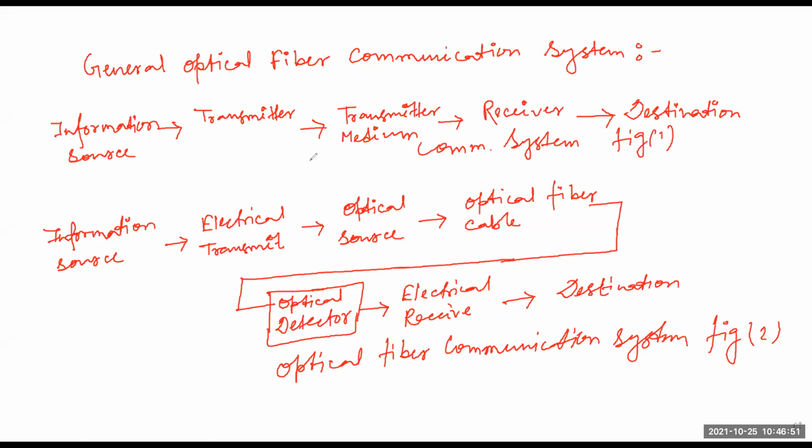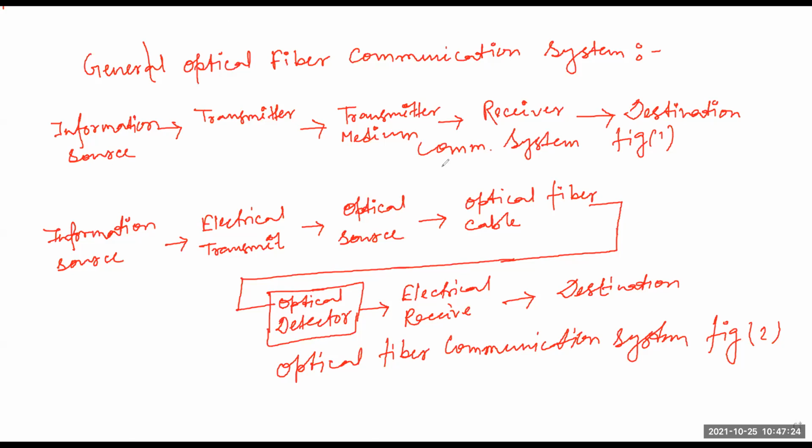The optical source provides the electrical to optical conversion, either in a semiconductor laser or an LED. Later we will discuss the optical source and the detector. LED means light emitting diode, which I think you already know.